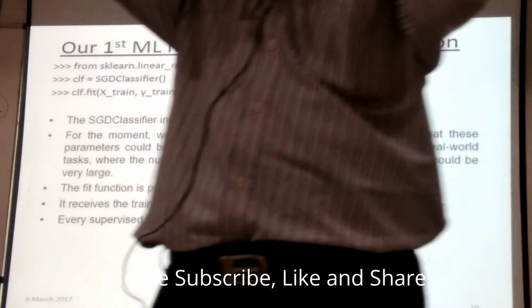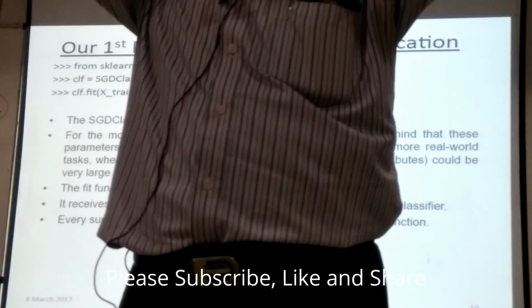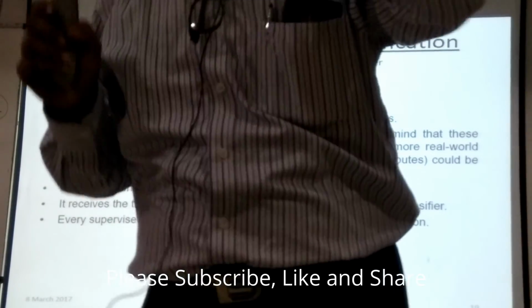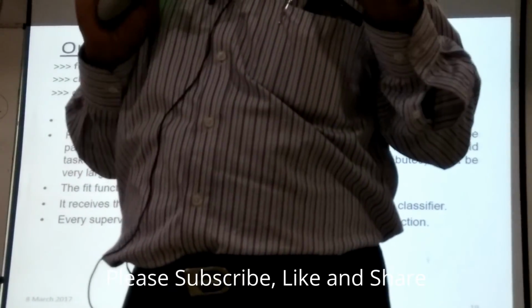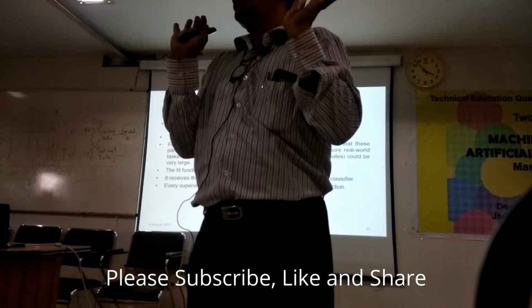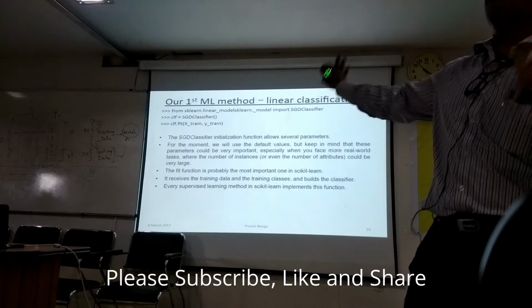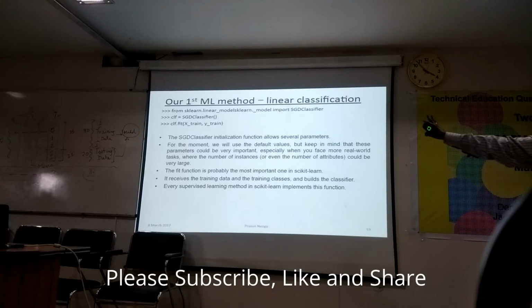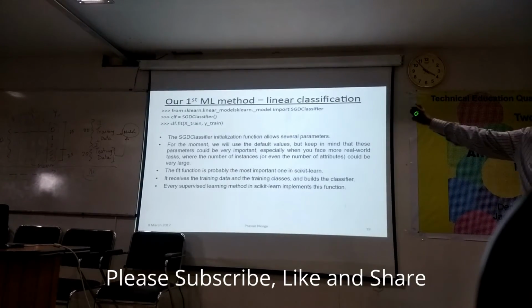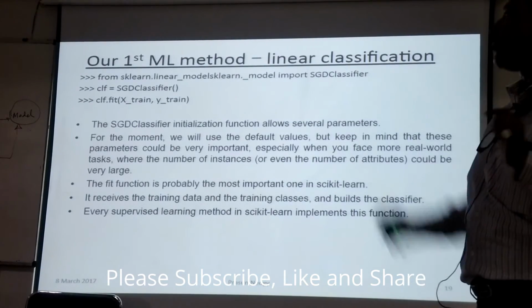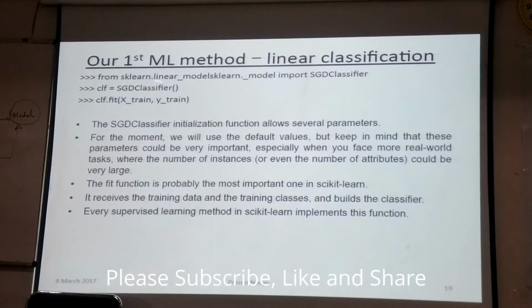So actually in reality there are a lot of parameters inside each of the algorithms, but if you do not give any, default values will be taken. So we are using default values for the time being. We will see later how we can change one or two default values. So if I don't put anything in this bracket, I am using whatever default values are there internally.